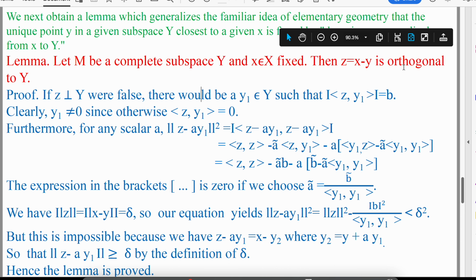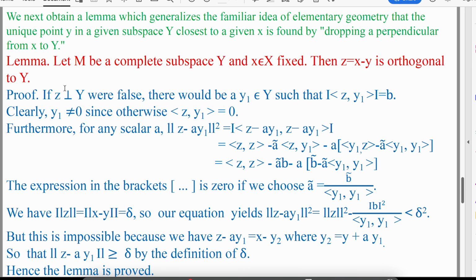Then z equal to x minus y is orthogonal to M. Suppose this lemma is false, meaning in that case z is not orthogonal to M.